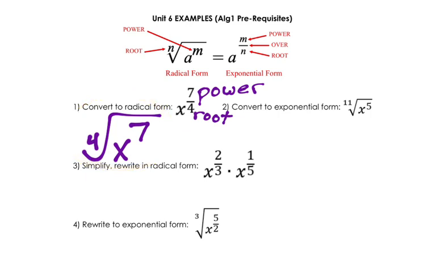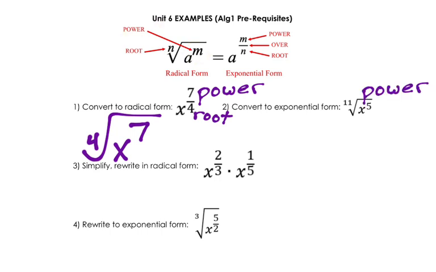Now take a look at number 2. It's the same idea, only now we're going to be converting into exponential form. So we're going to be going back from radical form into exponential form. And it's the same procedure. Power over root is how the fraction is set up, but the root is always going to go in the position where the radical sign is located, and then the power is just going to become the exponent.